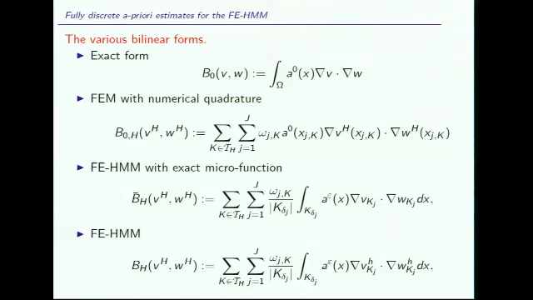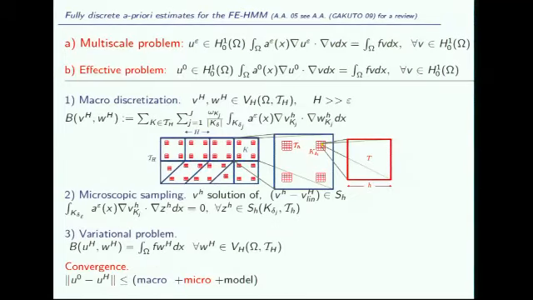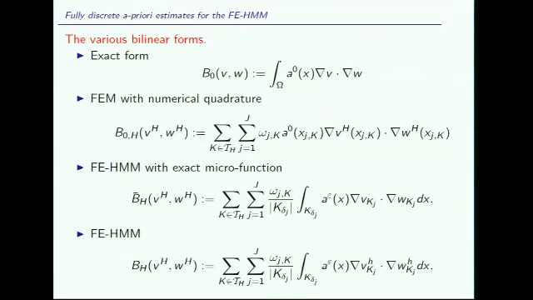So I will again take the various bilinear forms that you have in hand, and I will try to reformulate this numerical method to see a bit how we can analyze it. B0 here is the exact bilinear form, the bilinear form of the homogenized problem. B0H is the finite element method for that problem with numerical quadrature.